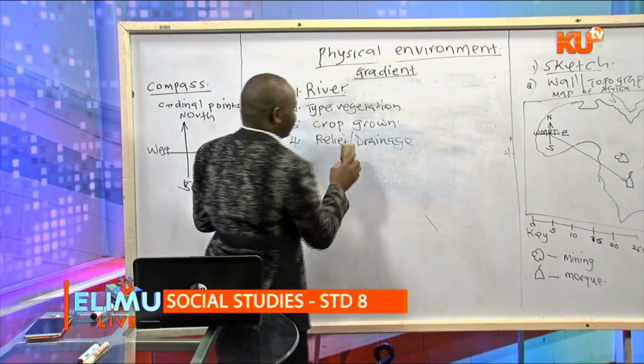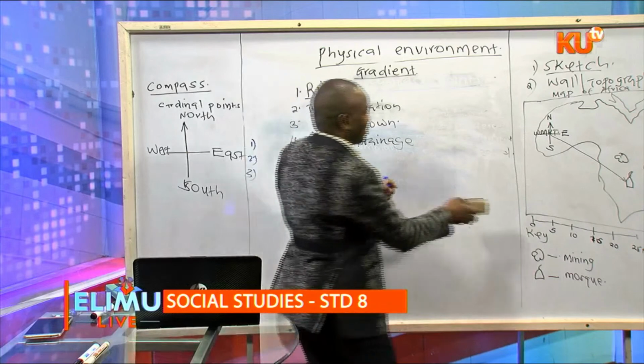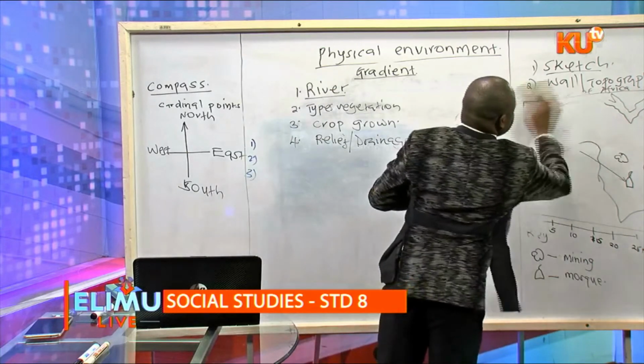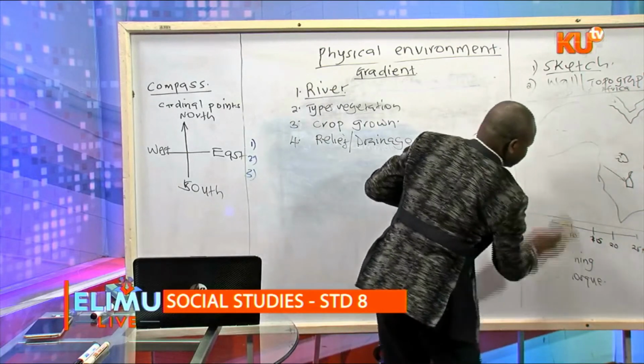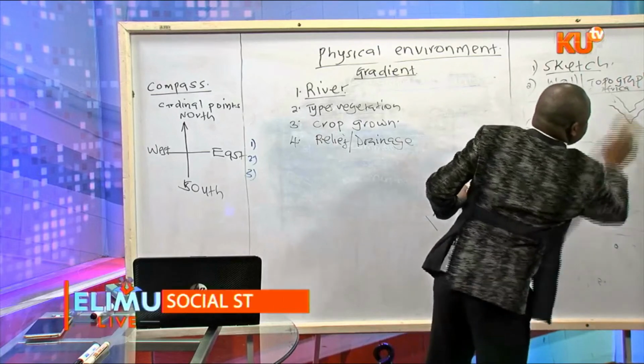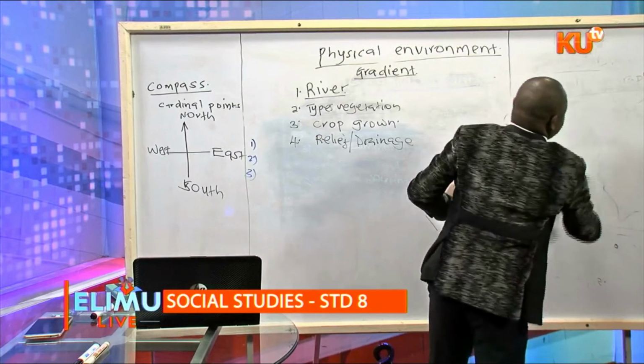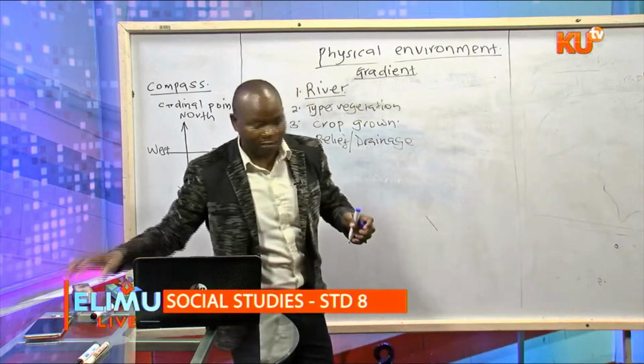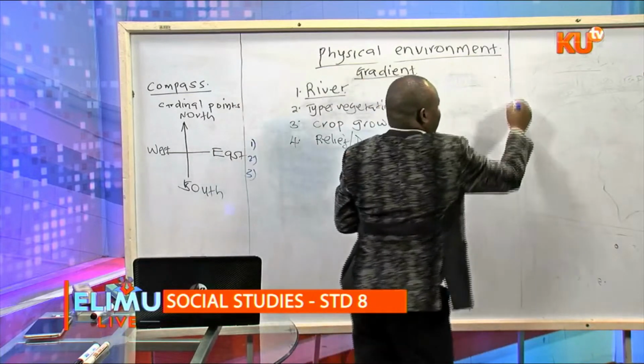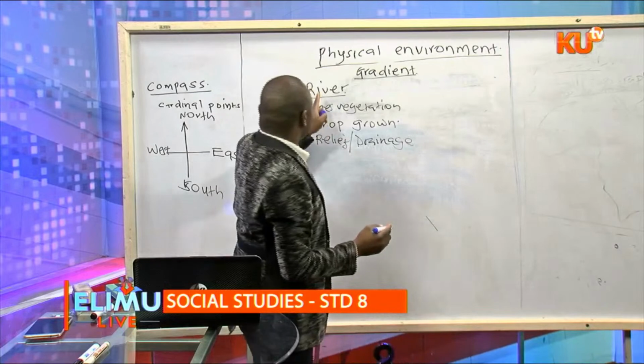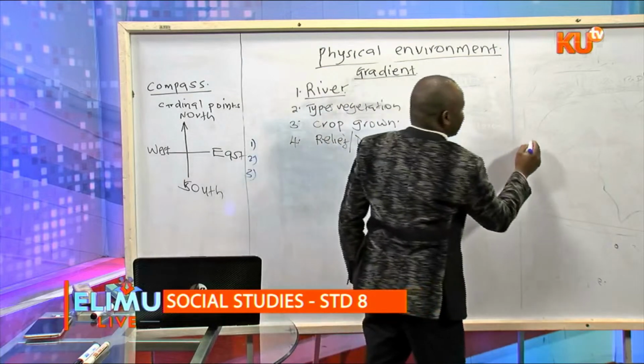Let me start with the river. Maybe let me demarcate my area part. So the river has different parts.